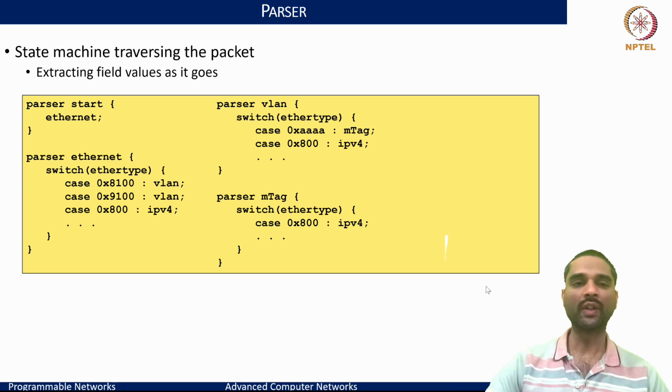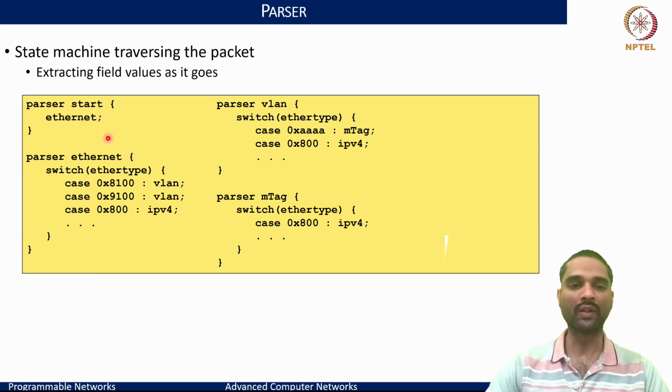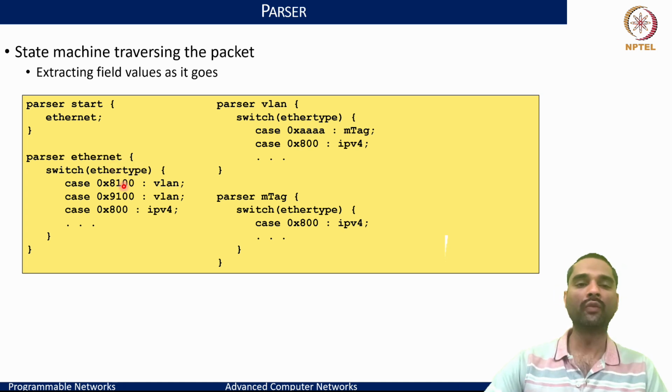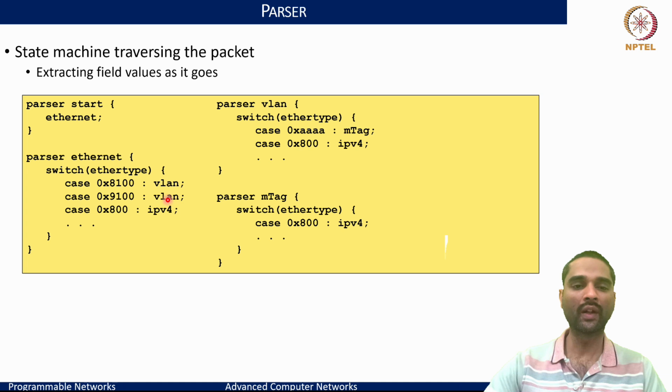As a packet comes, it enters the parser start and takes Ethernet as the next entry to parse. It would enter the Ethernet parse and look at the ether type. If it is 8100, then it is looking for VLAN. If it is 9100, then it would look for the other kind of VLAN, and then 0800 for IPv4 and so on.